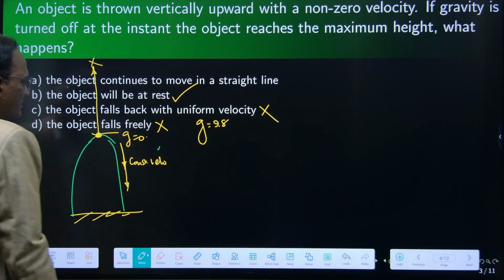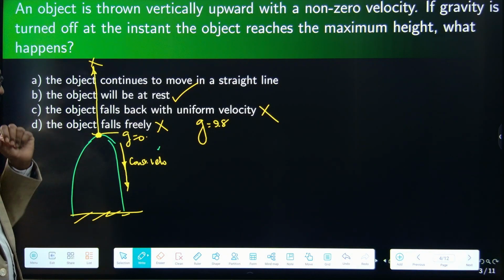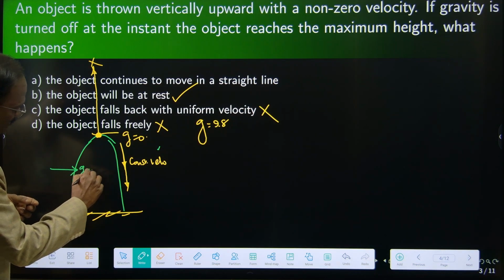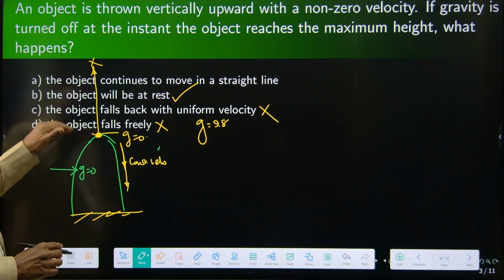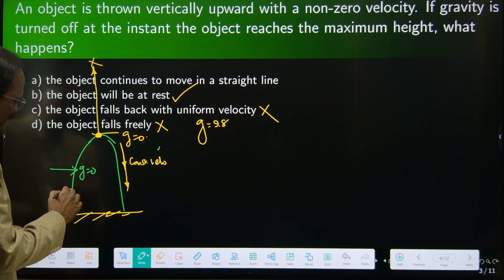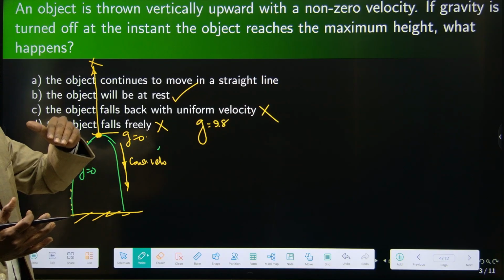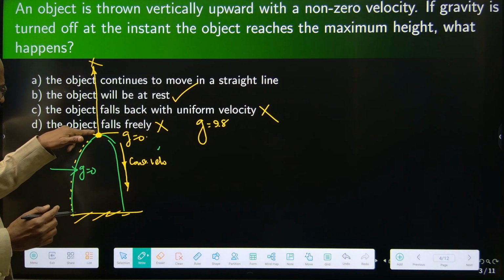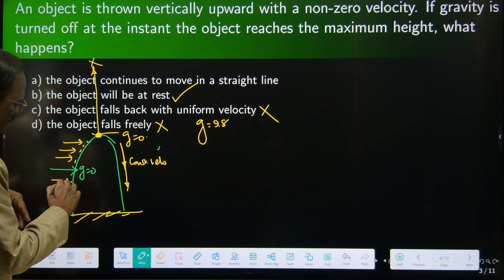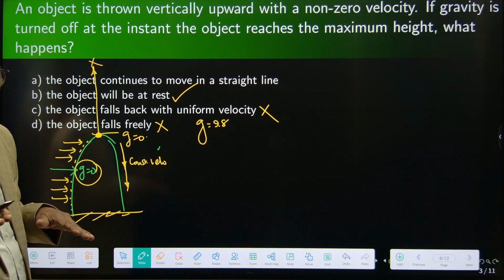I am going to change the statement of the problem. If g is made 0 at a middle point, before reaching the maximum height, at any one of the many heights available, what will happen?